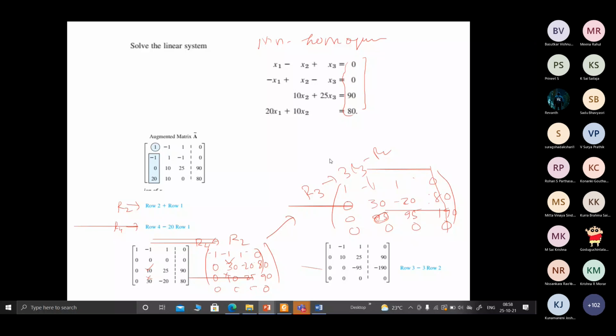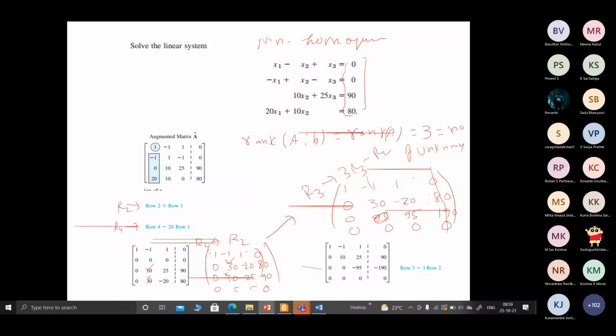So rank of AB is equal to rank of A, which is equal to 3, which is equal to the number of columns, that is, the number of unknowns. How many unknowns are there? 3. What type of solution?